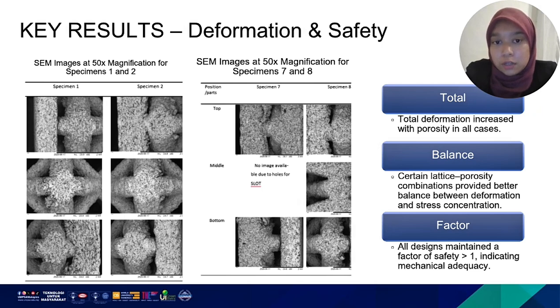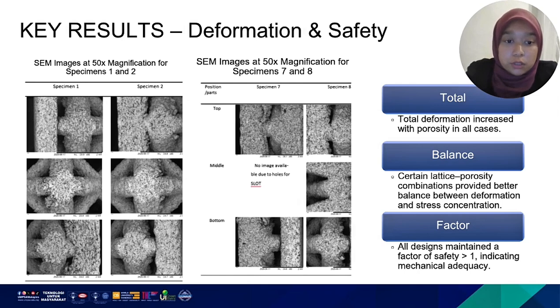For the next key result, based on the first picture on the left, the SEM image at 50 times magnification is for specimens 1 and 2. The second picture on the right shows the same image at 50 times magnification for specimens 7 and 8.